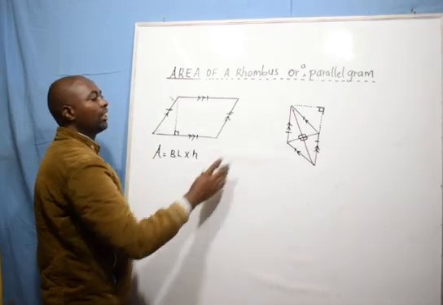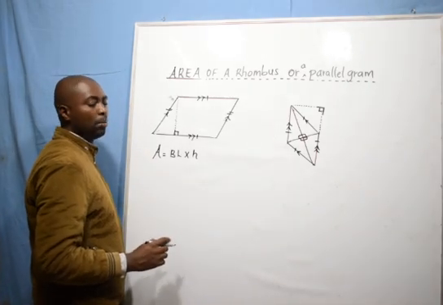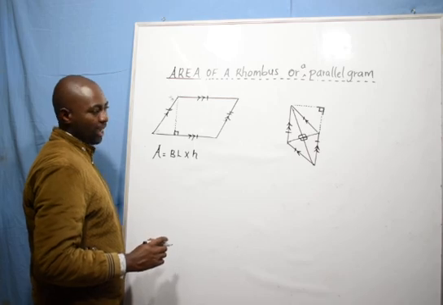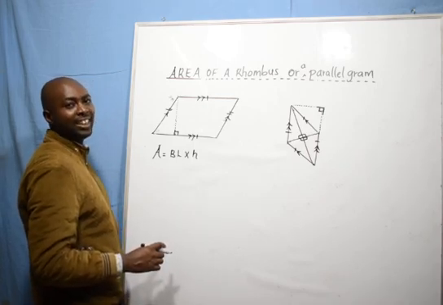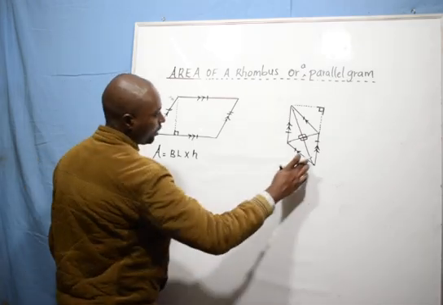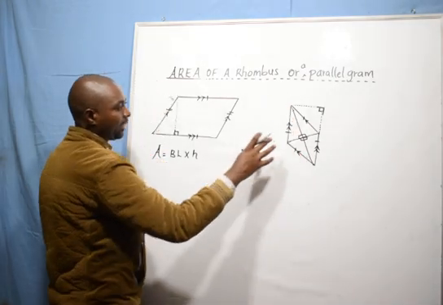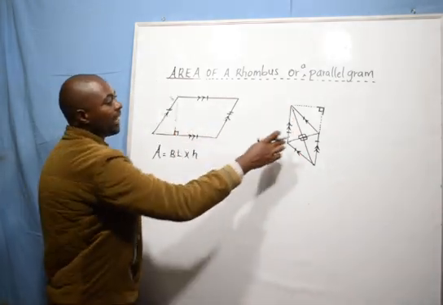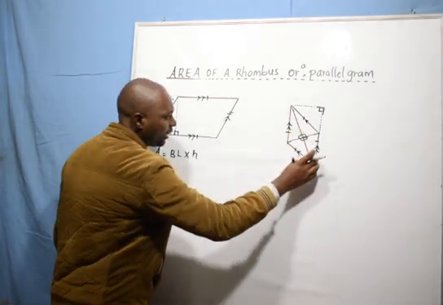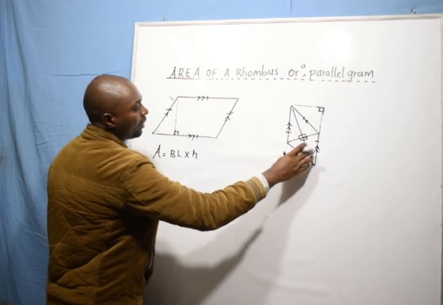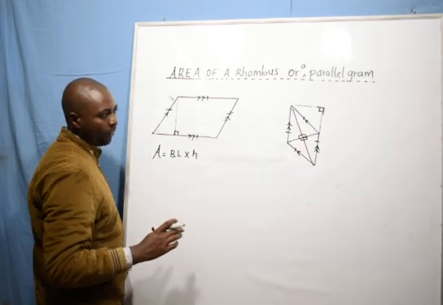This can only be seen in a rhombus and a square, not any other figure. So the things that a rhombus shares with the square are that the diagonals bisect at right angles, the sides are equal, and opposite sides are parallel.